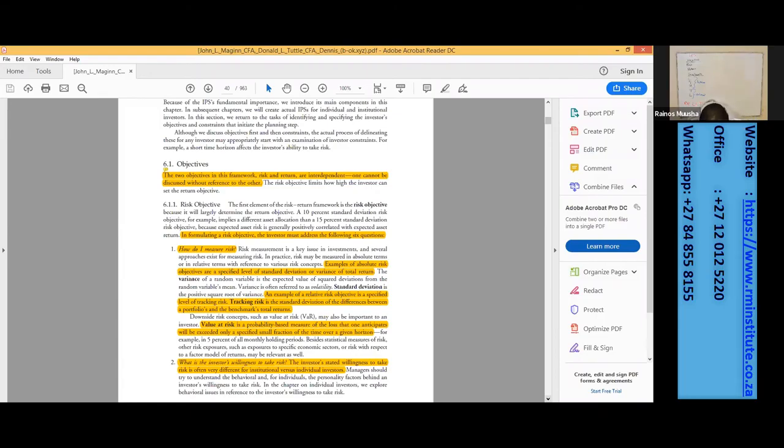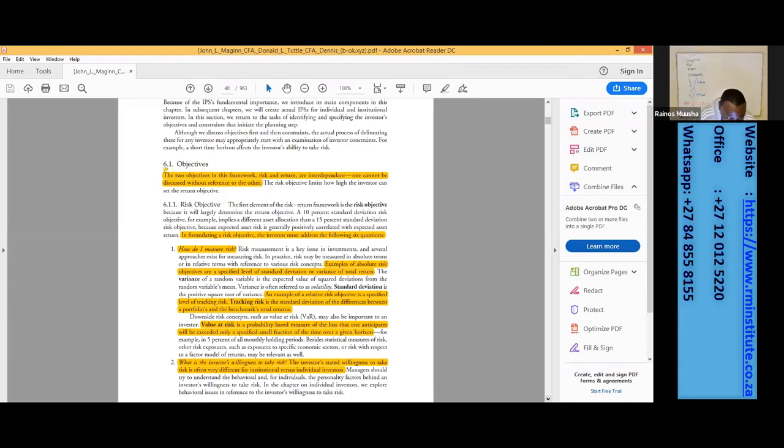They say an example of a relative risk objective is a specified level of tracking risk. They say the tracking risk is the standard deviation of the differences between the portfolio and the benchmark total return.